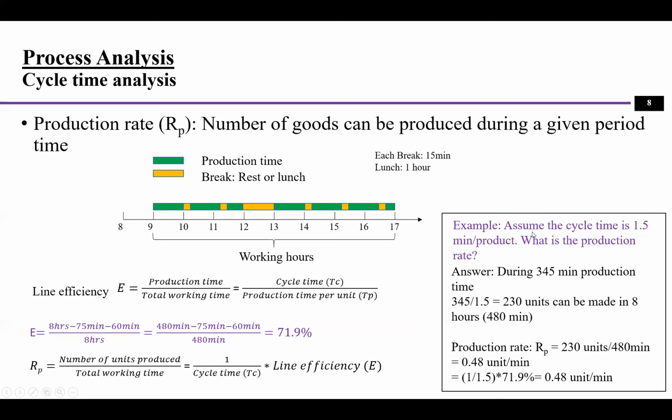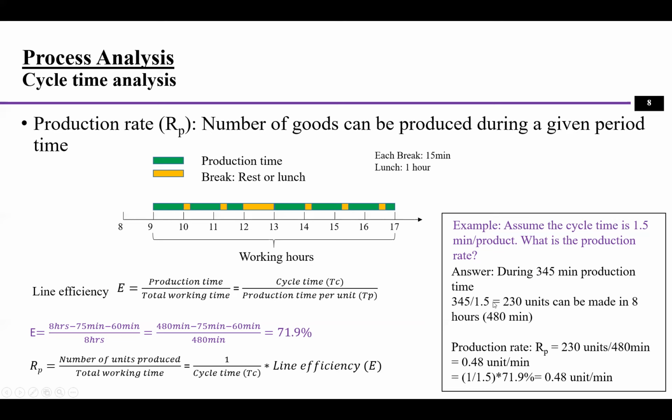All right, now let's look at the example that assumes the cycle time is 1.5 minutes per product. What is the production rate? During those 345 minutes, which is the actual production time, those green slots added up together, this is 345 minutes of production time, divided by the cycle time.